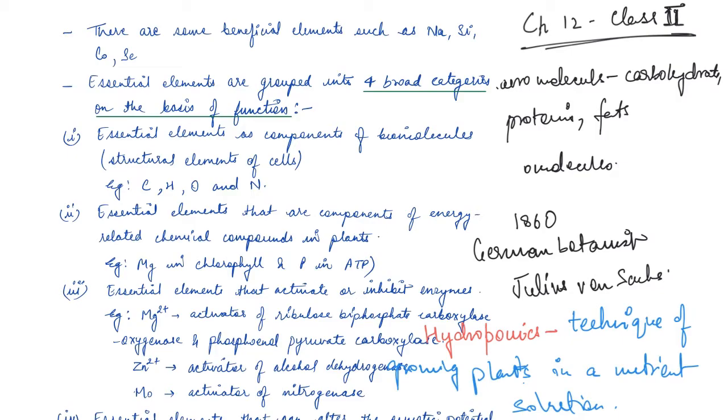In similar way, zinc activates alcohol dehydrogenase. In the same way, molybdenum is an activator of nitrogenase, that is, activator of nitrogen metabolism. Now, there are other elements which are essential for osmotic potential of the cell.